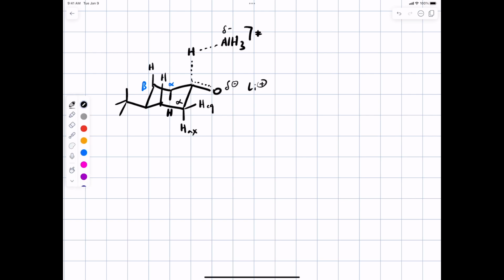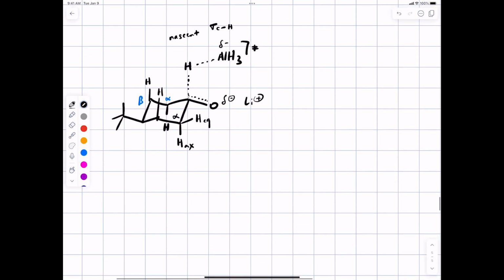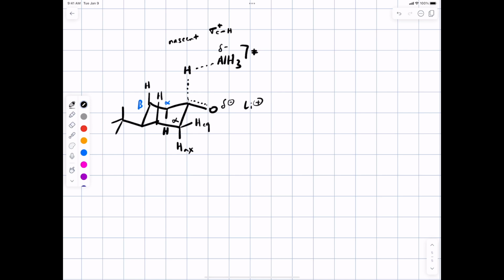Okay, so I'm going to draw the nascent carbon-hydrogen sigma star as this new bond is being formed. It's low in energy because the bond is weak, only just being formed. That would look something like this, with a large lobe going towards the bottom face of our molecule.